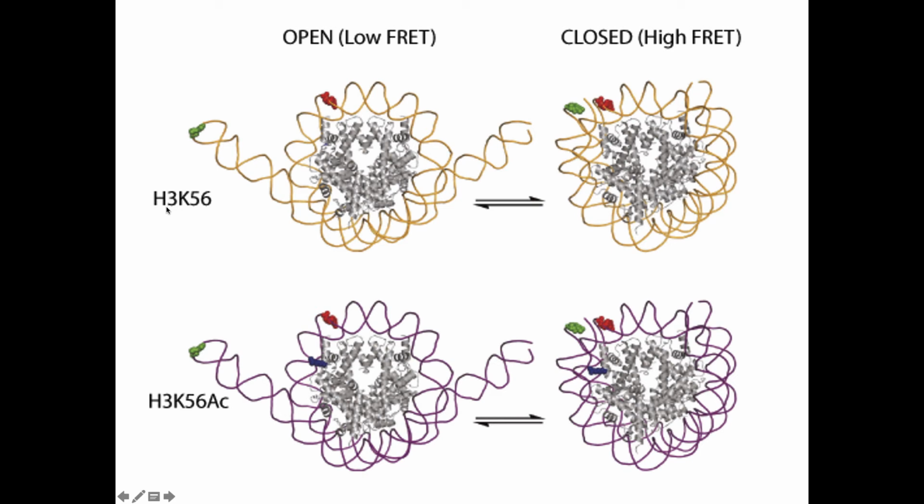And in one case, that site is acetylated, as evidenced here by this little blue piece, and otherwise in the other case it is not. And what we tend to notice is that there are going to be some slight conformational changes and other changes to these molecules depending upon whether or not there is an acetylation of the specific site.